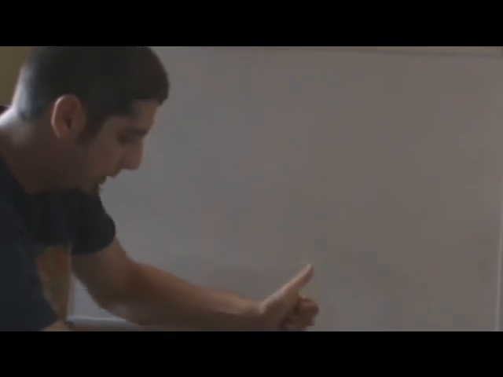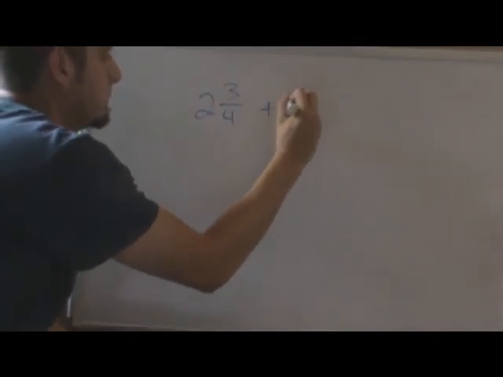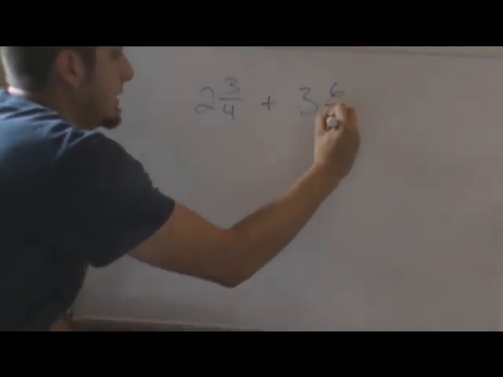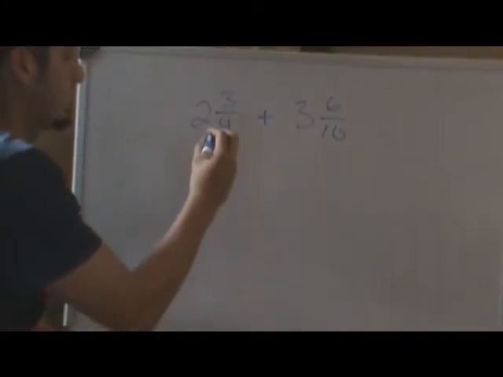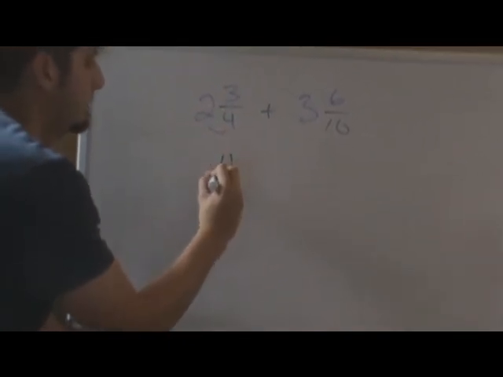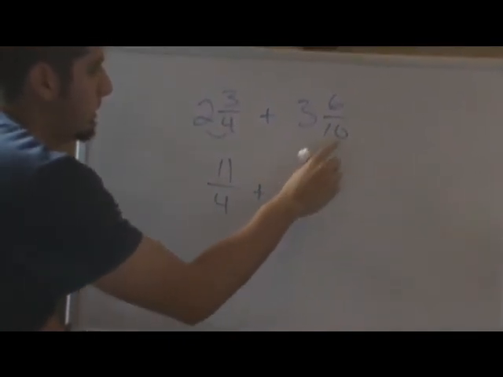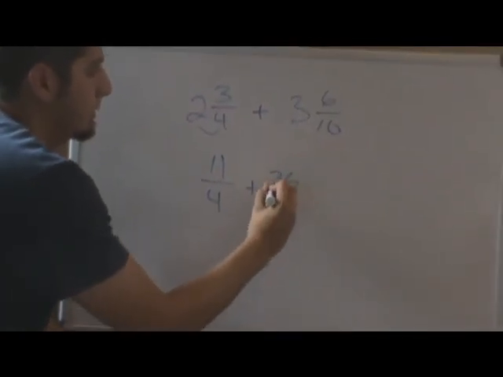Oh, also real quick, if you're subtracting or adding fractions that have mixed numbers, so let's say we had 2 3/4 plus 3 6/10, you want to change these mixed numbers into improper fractions first. 4 times 2 is 8, plus 3 is 11. 10 times 3 is 30, plus 6 is 36.